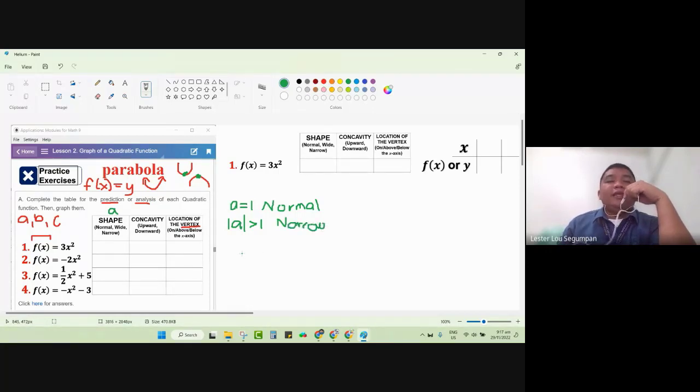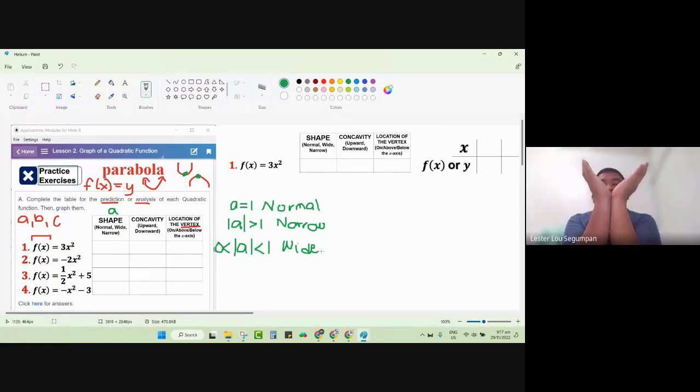Okay? Now, on the other side of the coin, if the absolute value of the a coefficient is between 1 and 0, this is now where the parabola is wider. Right? From the normal perspective, it's a little bit wider, meaning the curves of the parabola are farther from each other.